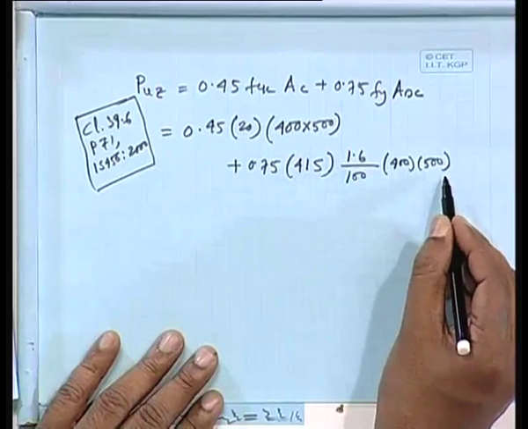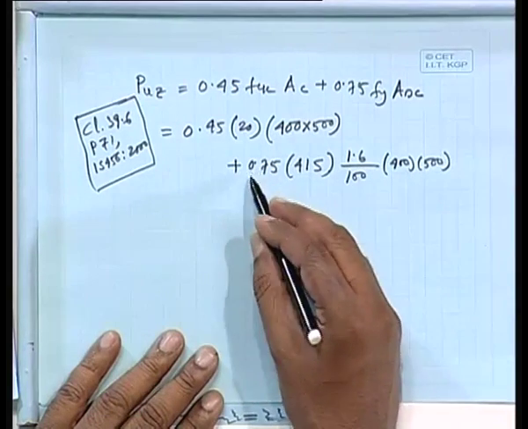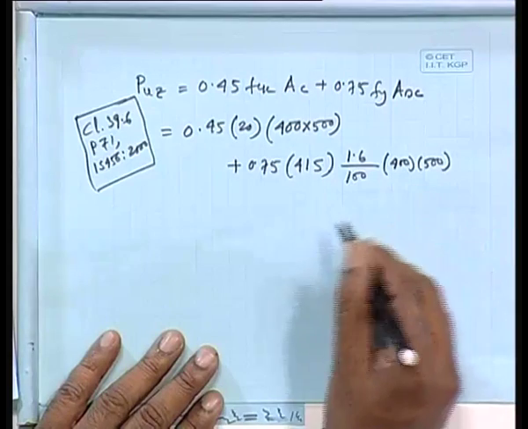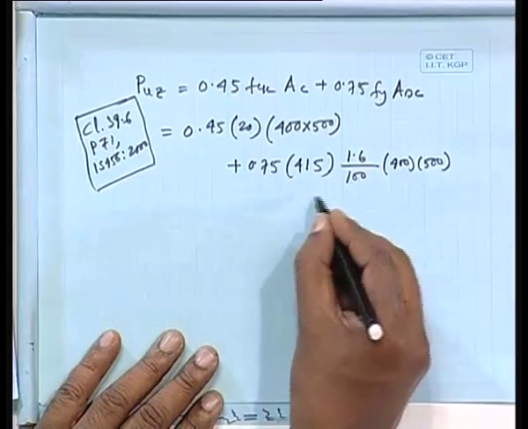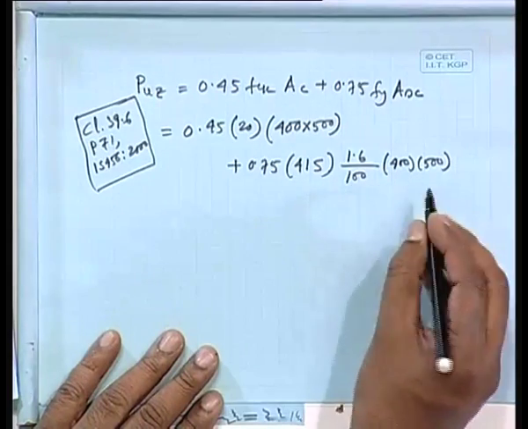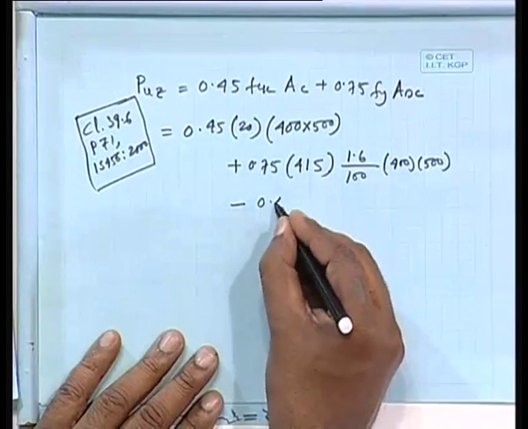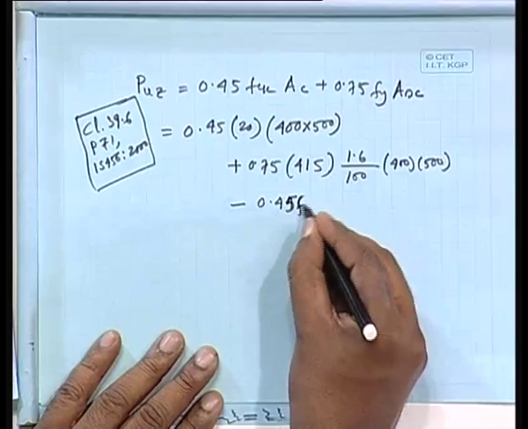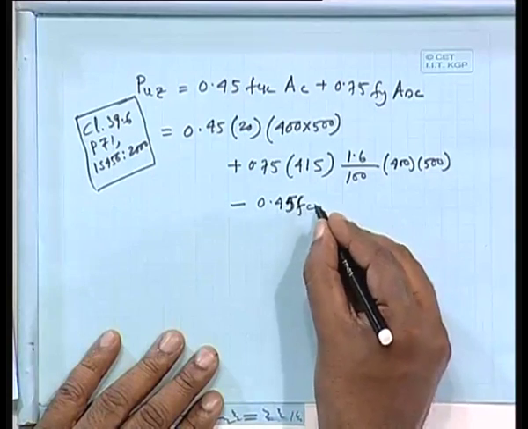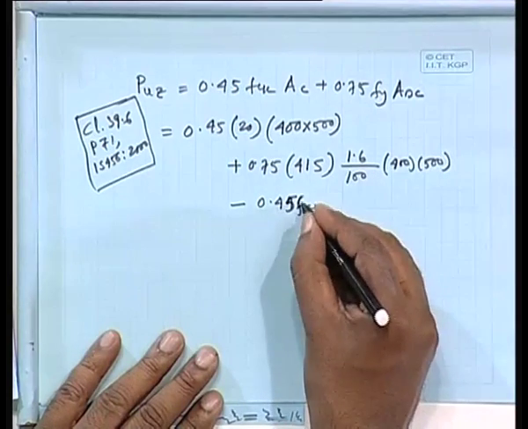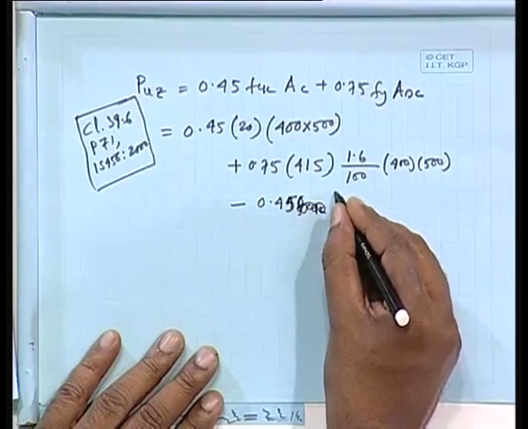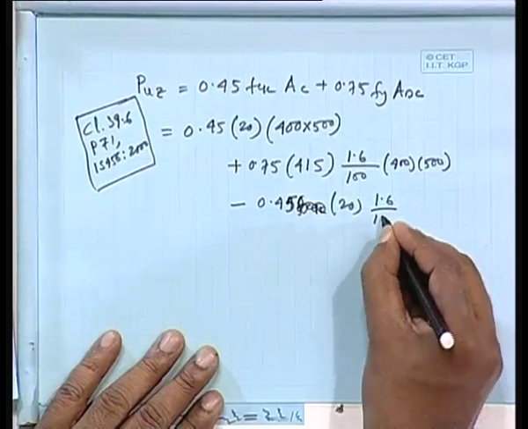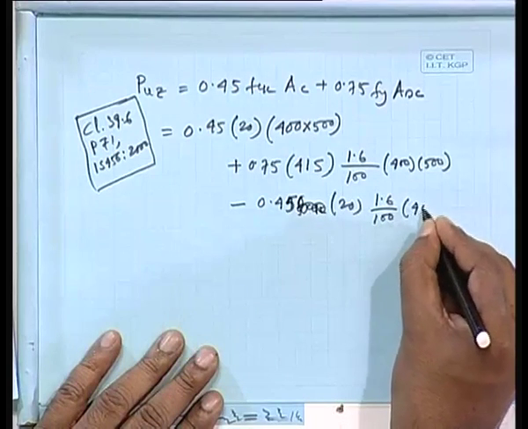So this much is your area of steel, and we should not stop here because we shall get it here again. How much will that be? Minus 0.45 FCK, or 0.45 times 20, times 1.6 by 100 times 400 times 500.